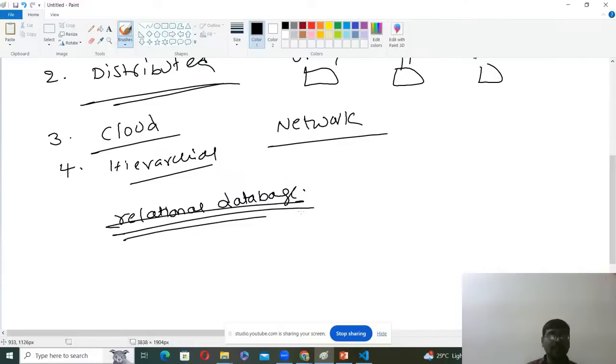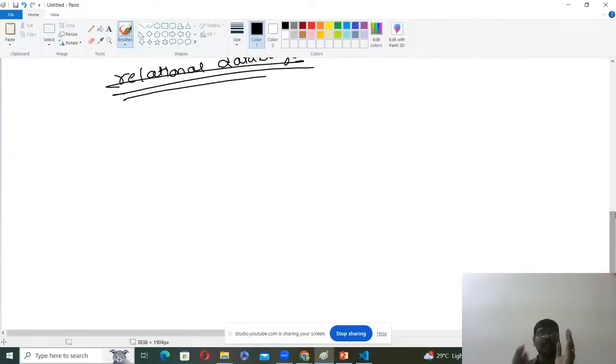This is very important, and this relational database is the most popular database. What is this relational database? I will explain clearly. Here, the information is stored in the form of tables.